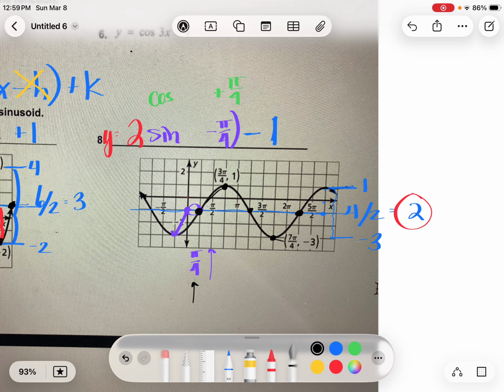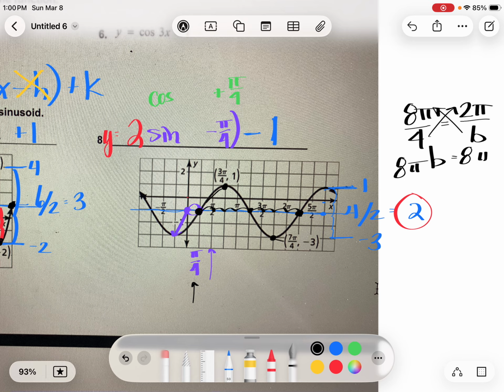So you can count 1/4, 2/4, 3/4, 4/4, 5/4, 6/4, 7/4, 8/4. So I end up with 8 pi over 4 equals 2 pi over B. Cross multiply. I get 8 pi B equals 8 pi. Divide by 8 pi, and I get B equals 1.